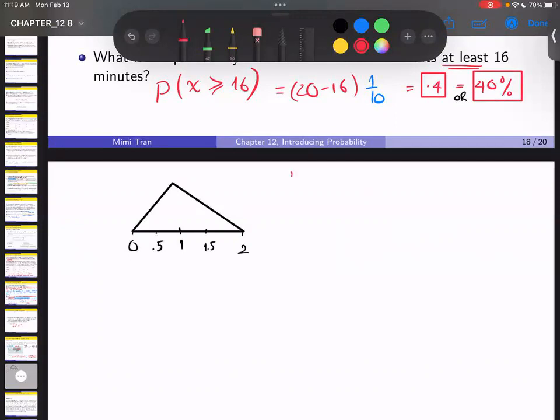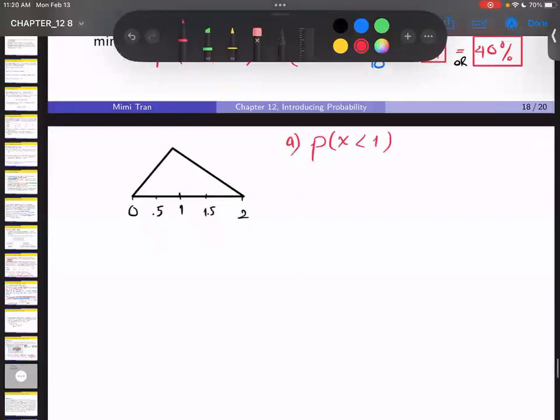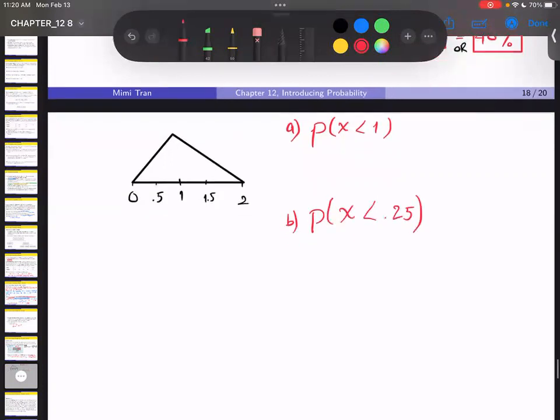All right, now the question. I want you to find the probability, part A, of X, where X represents the area of the triangle. X less than 2. That should be easy. Part B: I want you to find the probability of X less than 1. Let me give you a little hint. The area of a triangle is going to be 1/2 base times height.